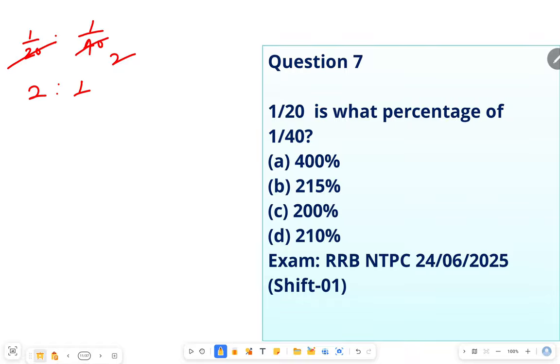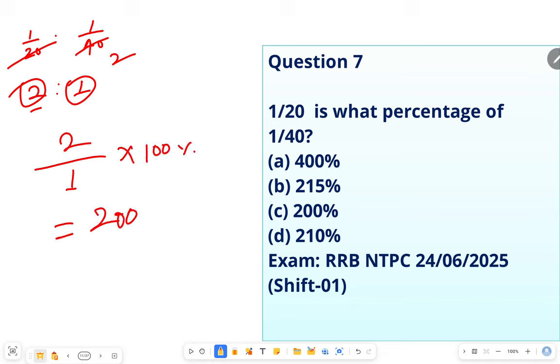And how can I go further? These 2 and 1, so I have to compare these two with 1. So in the base I will write 1, and here 2, and multiply by 100 to change into percentage, 200%. We will also get the 200% answer solving from this method, right?